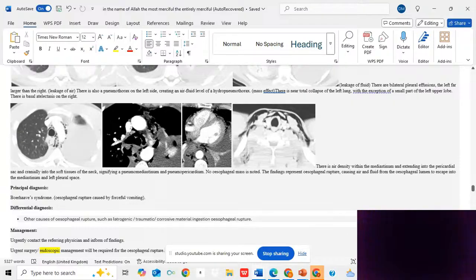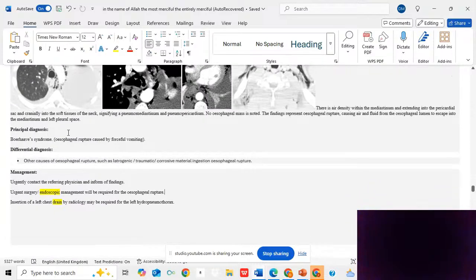Principal diagnosis: Boerhaave syndrome, esophageal rupture caused by forceful vomiting. Differential diagnosis: other causes of esophageal rupture such as iatrogenic, traumatic, and corrosive material ingestion.